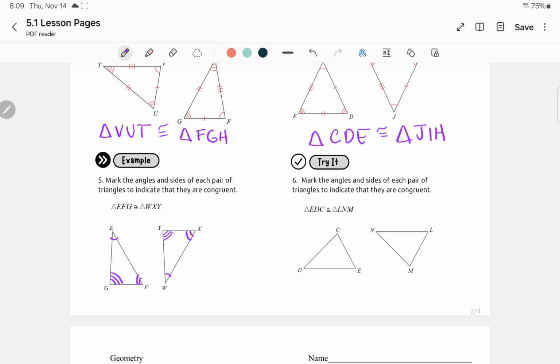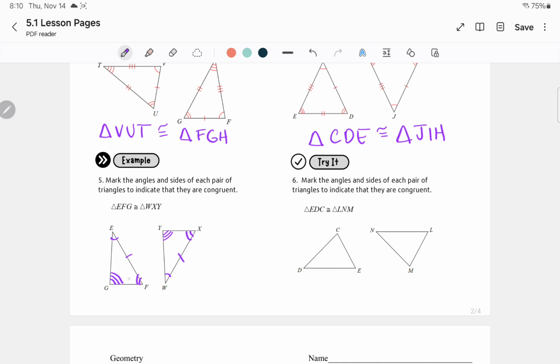And now we want to match up the sides as well. So see how E and F are the first and second letters. So let's put just 1 tick mark on that side, EF. And that means over here, W and X are the first and second letters, so WX also has to have 1 tick mark. Now FG, the second and third letters, right?